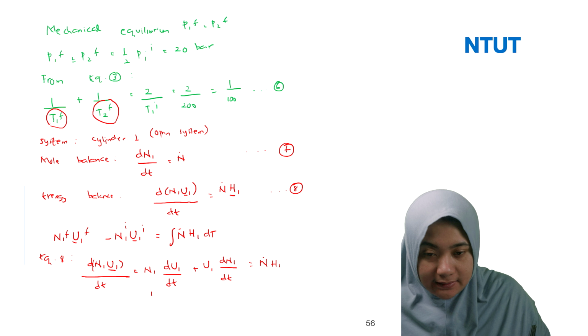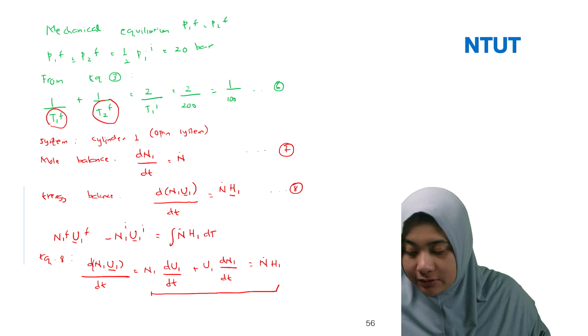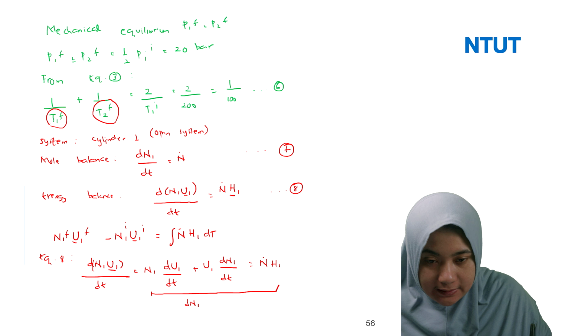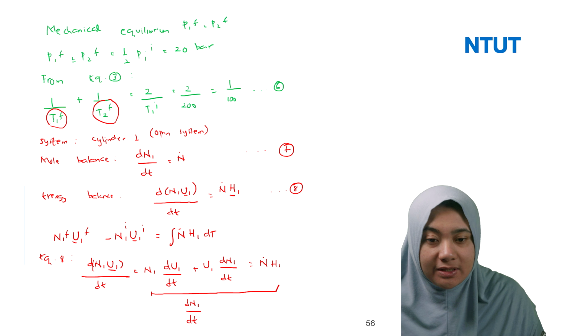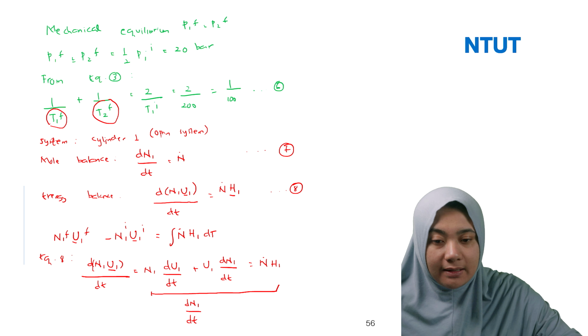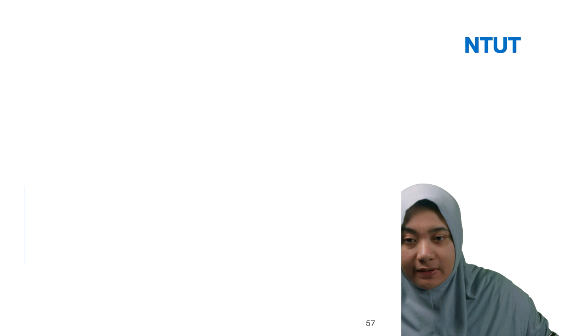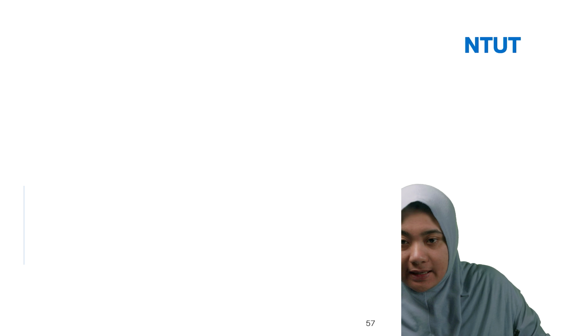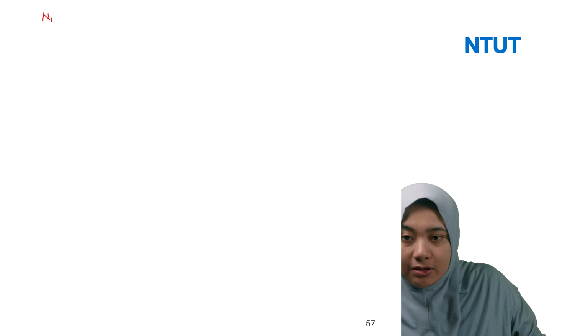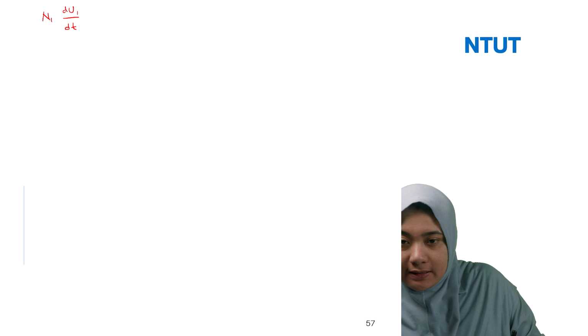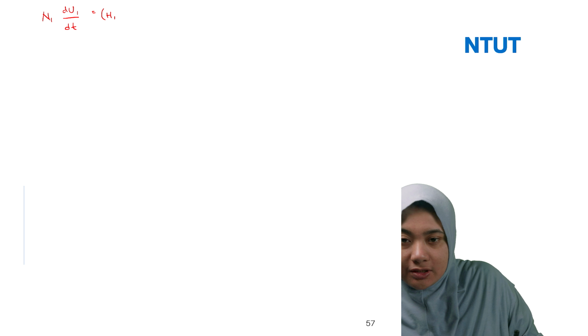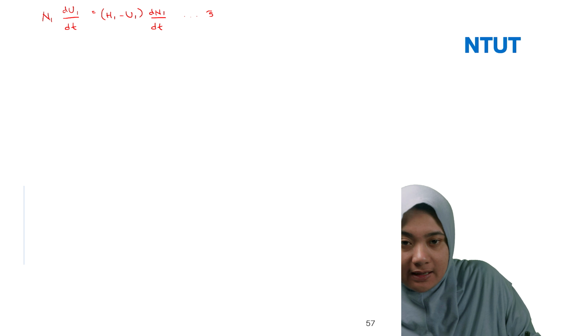So this is equal to H1 dN1 divided by dt from the previous equation. It is easier compared to dividing by the temperature. So we can rewrite these equations as N1 dU1 divided by dt equal to (H1 minus U1) dN1 divided by dt. This is equation 9.